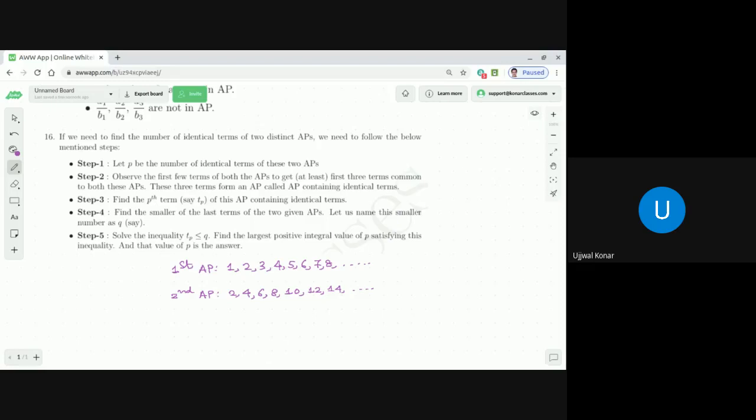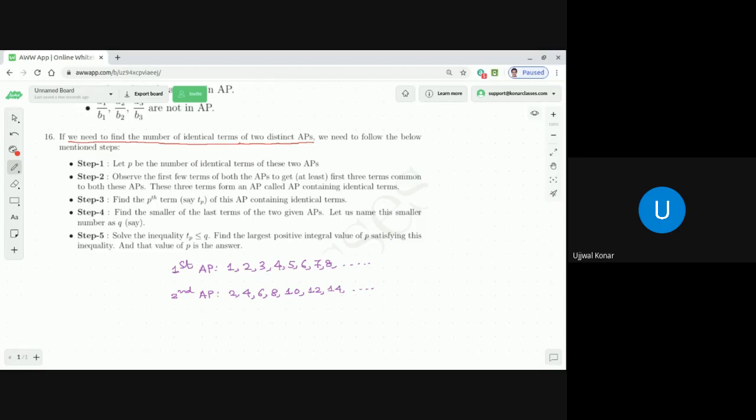Now, what is the discussion we are doing here, dear students? The discussion we are doing is that we need to find the number of identical terms in these two APs. That means you see that the term 2 is there in both the APs. 4 is there in both the APs. 6 is there in both the APs. 8 is there in both the APs.